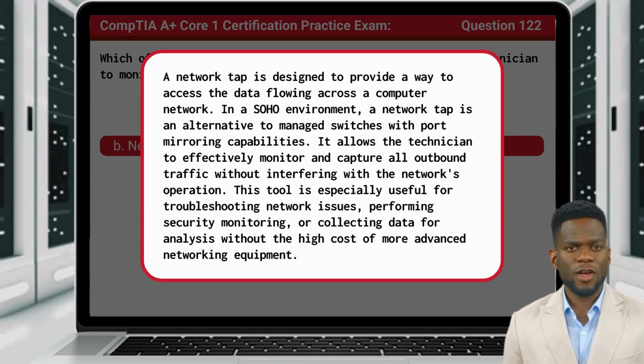In a SOHO environment, a network tap is an alternative to managed switches with port mirroring capabilities. It allows the technician to effectively monitor and capture all outbound traffic without interfering with the network's operation. This tool is especially useful for troubleshooting network issues, performing security monitoring, or collecting data for analysis without the high cost of more advanced networking equipment.